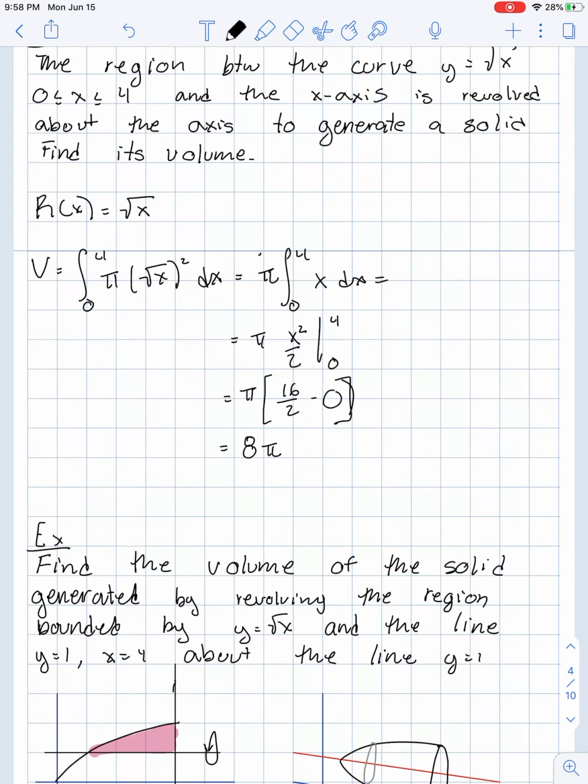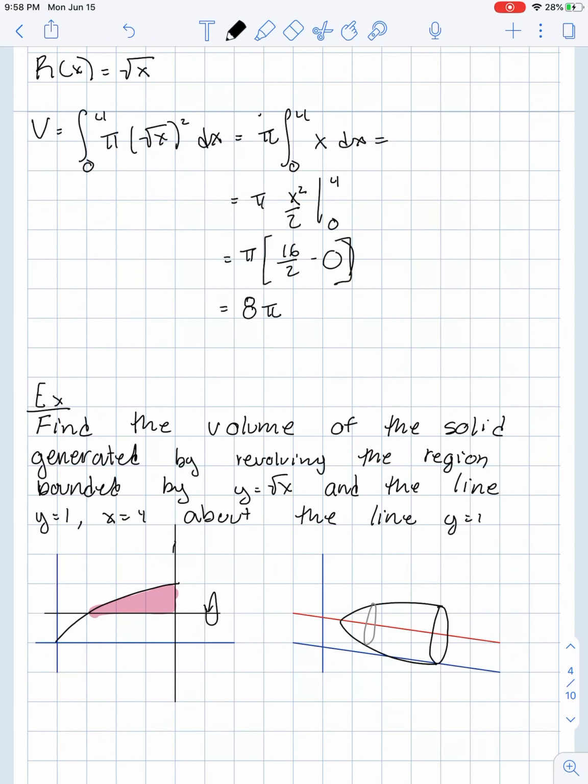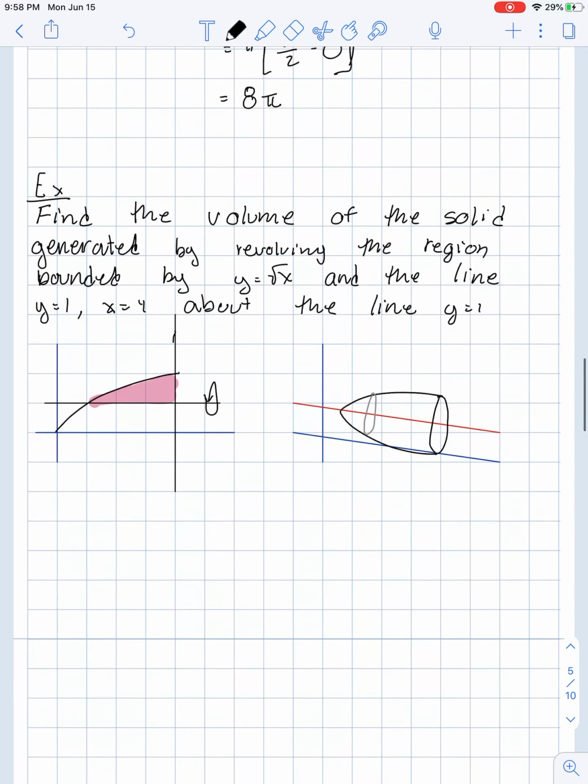So now I'm going to show you a problem, and it's going to look really similar to a problem that we're going to do later, which is why I want to show it to you, because I don't want you to get confused. This is still disks, okay? So I want to find the volume of the solid generated by revolving the region bounded between still square root of x and now this line y equals 1. Well, earlier I did the x-axis.